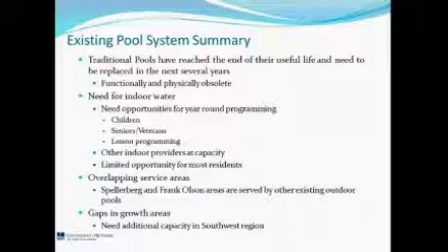There's also a need for indoor water. There are a lot of opportunities that the community does not offer for year-round programming. We heard comments from the public that the children need something to do in the winter for recreation when it's extremely cold outside. We also need opportunities for seniors and veterans to do year-round aquatic therapy and programming. Any type of outpatient rehab that can be done in the pool needs to be done year-round.